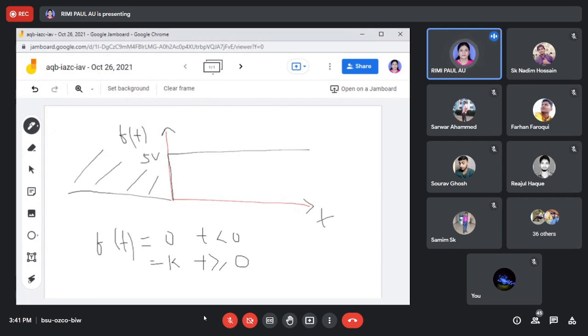Now, if I say that this step signal is a unit step signal or unit step function, then how to represent it? Just now k is now 1. Now k is equal to 1. If the value of this k is 1, then we can say this is a unit step function.